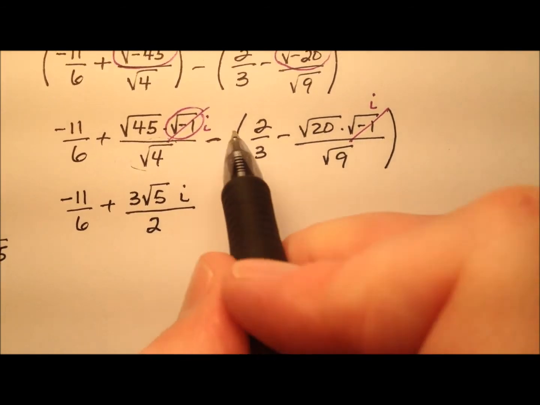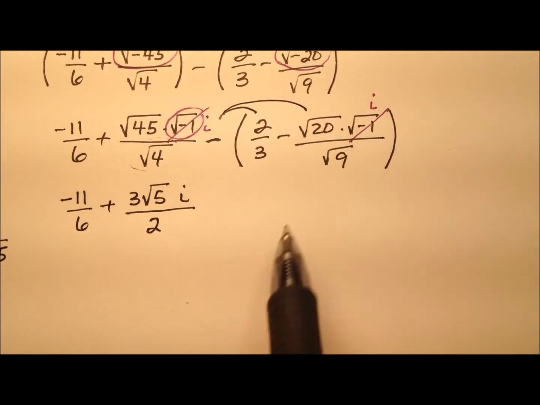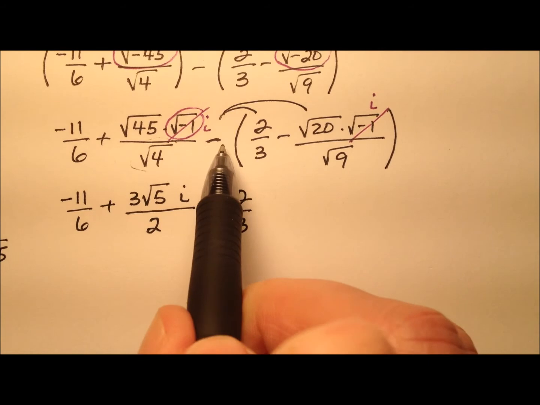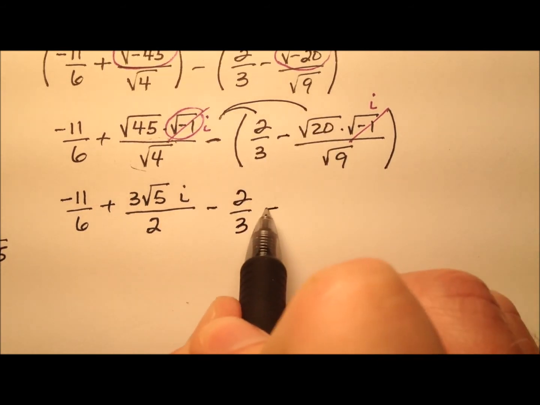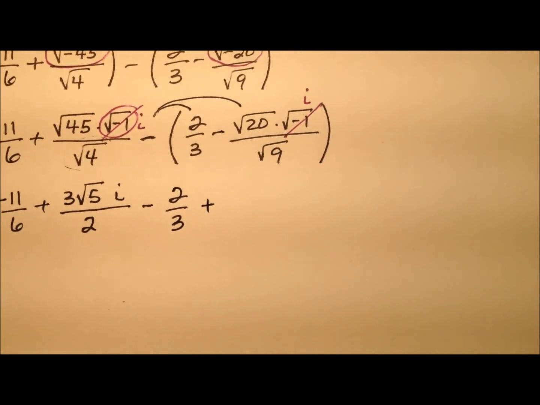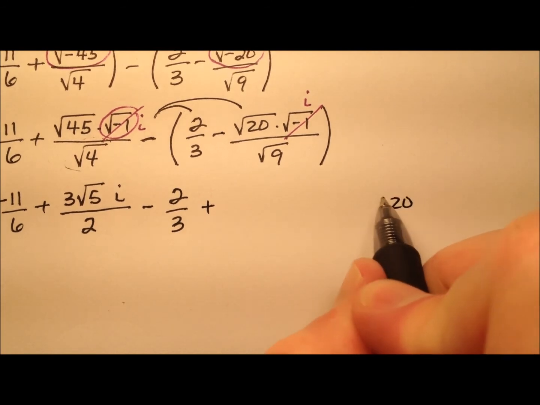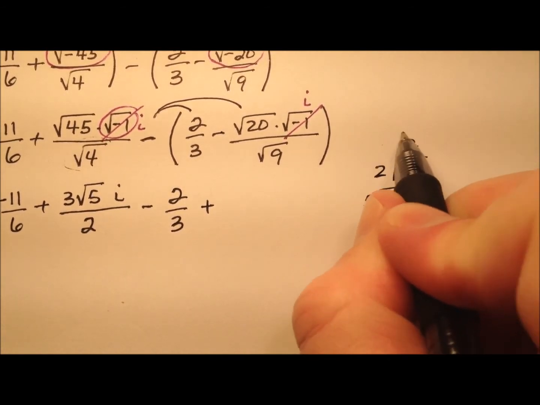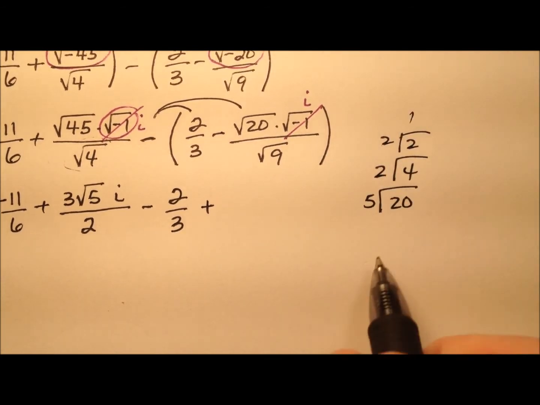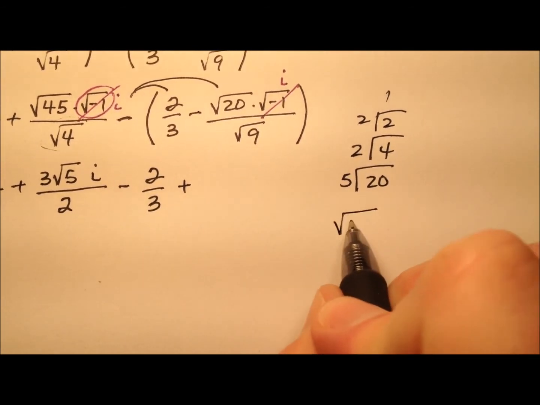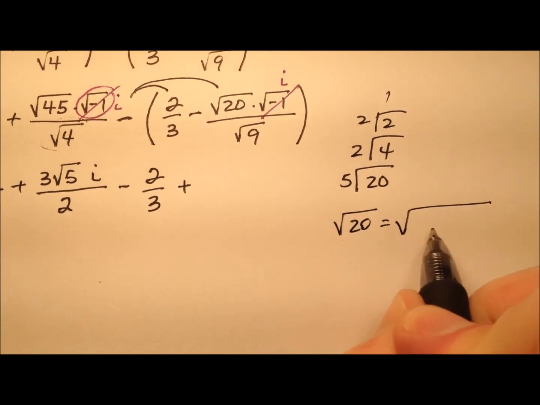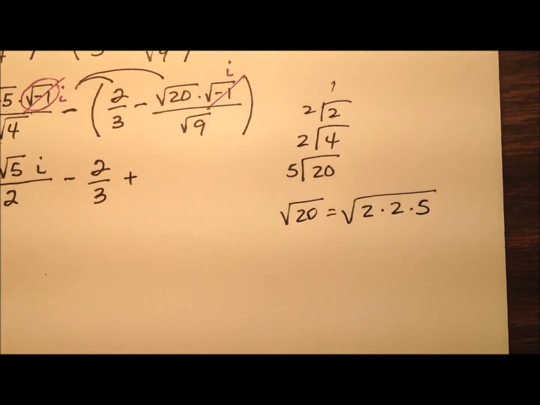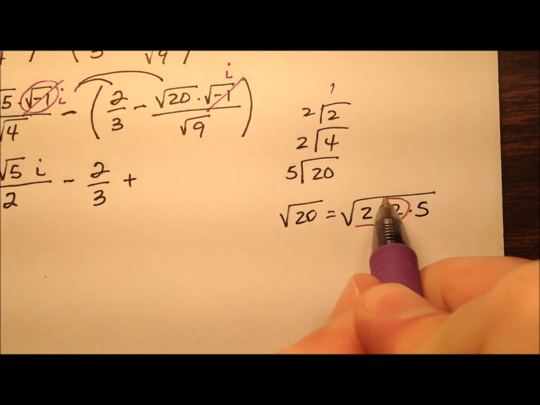Right? And let's go ahead now and distribute this negative through. Probably could have done that a while ago, that's okay. So minus 2/3, and then the negative here makes a plus. So we have the square root of 20 that we need to simplify. Again, we'll find the prime factorization, and we'll rewrite the square root of 20 as 2 times 2 times 5, which of course we have the pair of 2's right here.